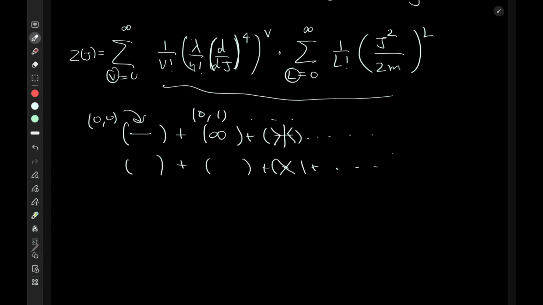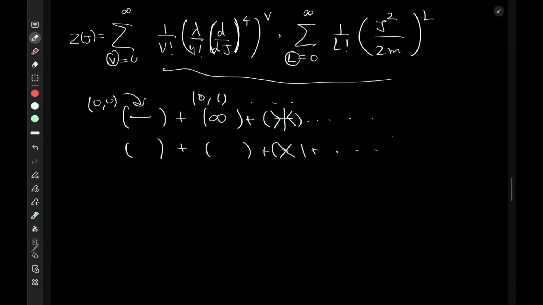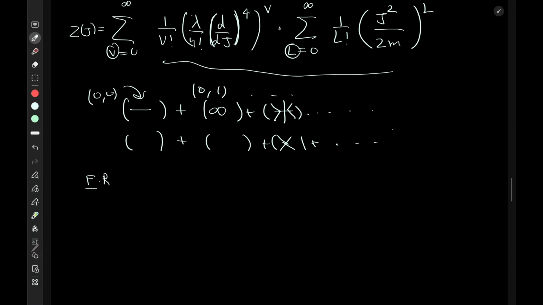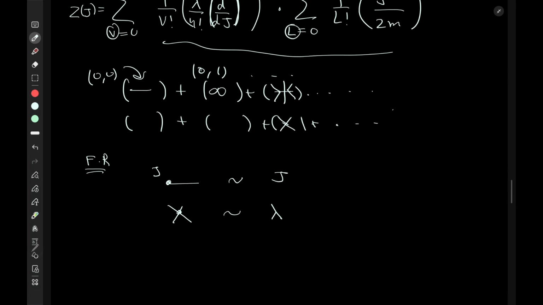calculate these numbers. And that description is Feynman rules, and the Feynman rules are as follows: that for every source j I must add a factor of j. For every vertex I see I must add a lambda, and for every line that I see, doesn't matter if it has j's at the end of it or not, for every line that I see of whatever kind, I must add a factor of 1 over 2m square.